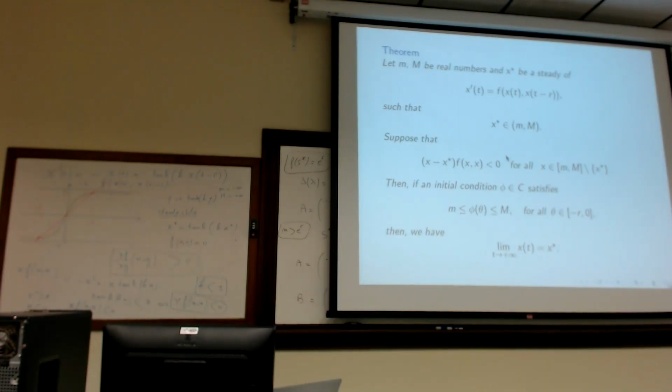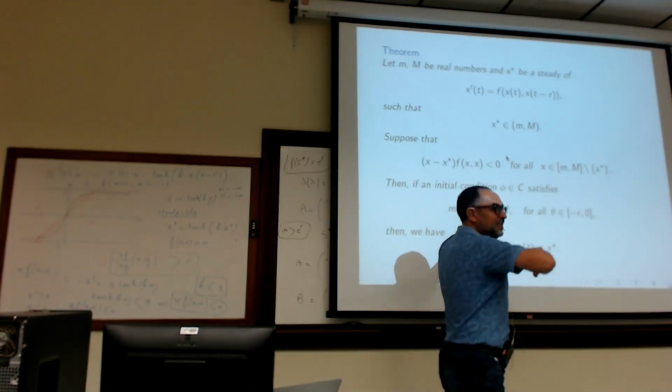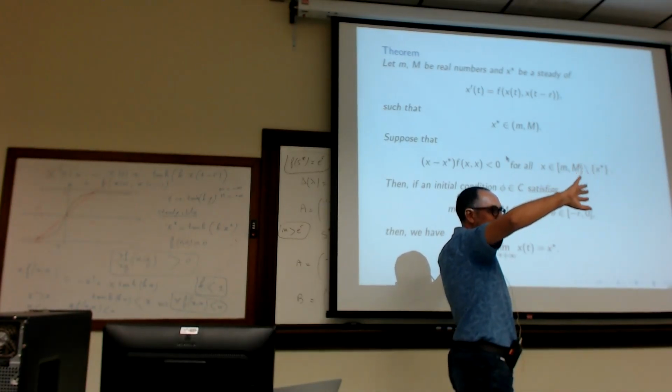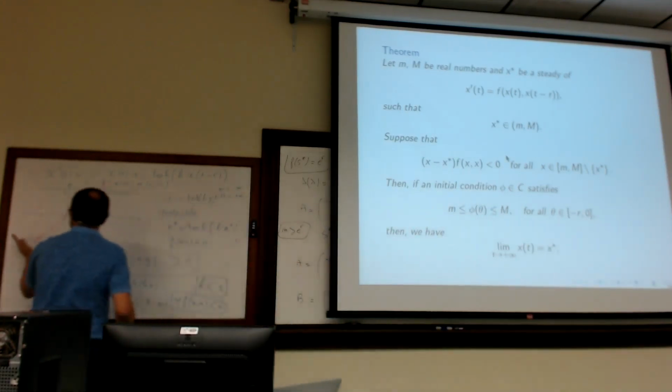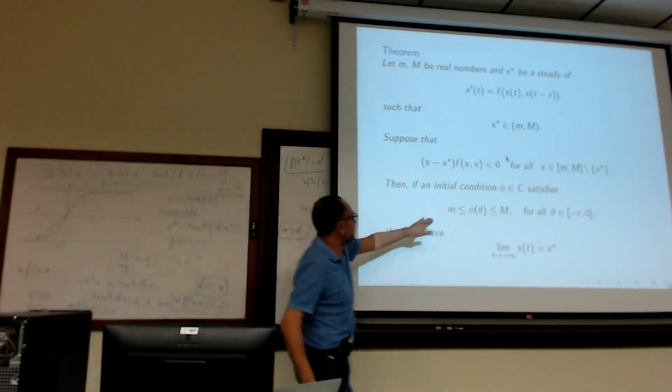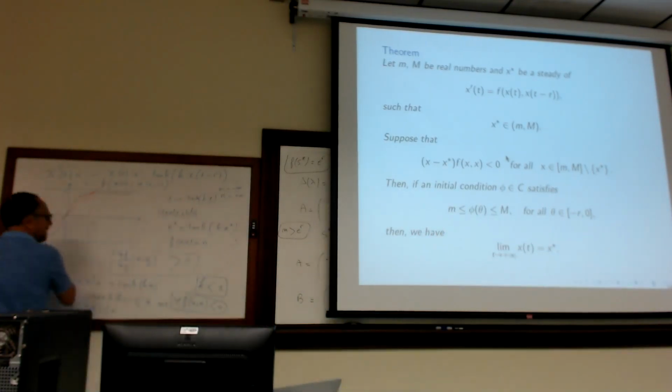There is a problem, but I will not talk about it. If you take initial condition positive and negative, a part is positive and part is negative, what will happen? Here you take initial condition completely bigger than m to go to steady state u, and in the other part you take minus infinity to 0, and you will go to the other steady state.